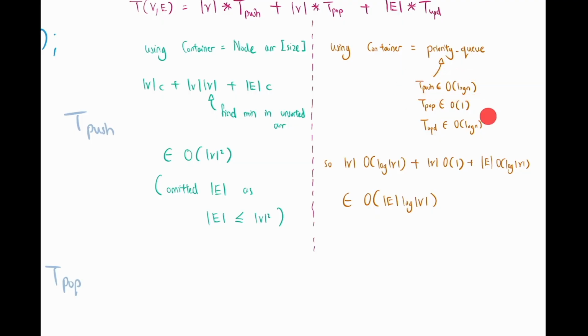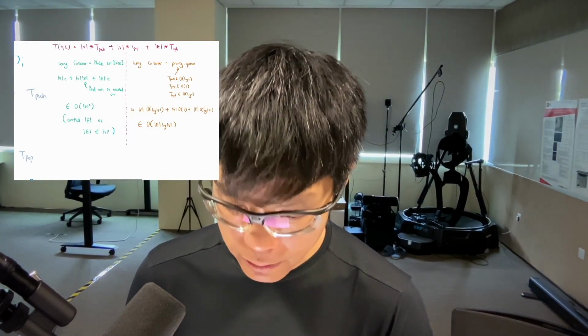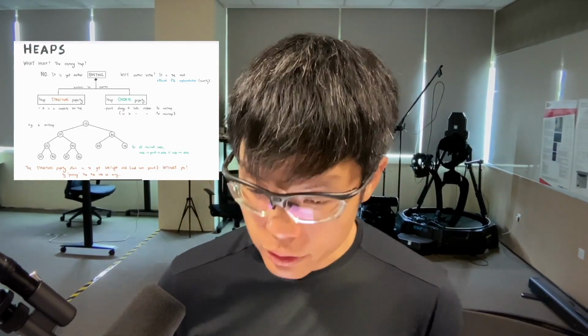And the update of that node can also be log n by using the concept of a priority queue. So that is the motivation behind why we are learning this topic today. Okay, so let's jump back to the topic at hand here, which is heaps.